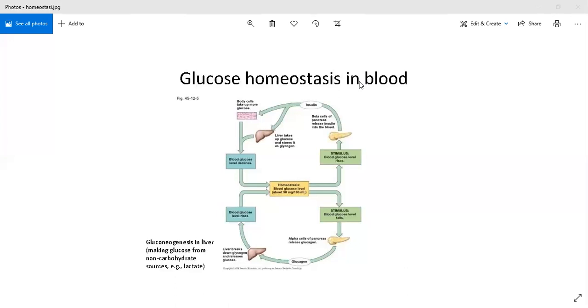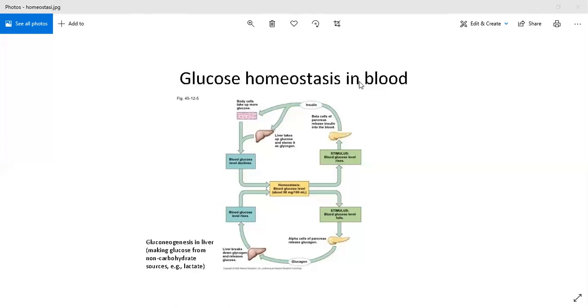So remember that insulin decreases blood glucose. Don't forget that. Insulin decreases blood glucose, while glucagon and cortisol increase blood glucose. Is it clear? Yes, sir.